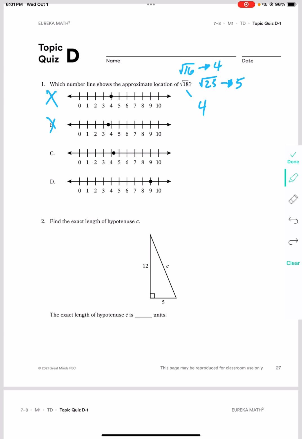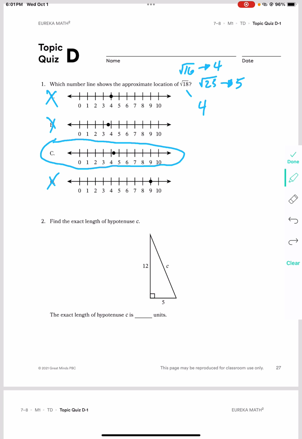So then I can also eliminate D because D is on 9, and the only way you would get 9 as an answer is if you were doing the square root of 81, because the square root of 81 is equal to 9. So without doing any work, just finding the first number, I know that my answer choice should be C for this one.